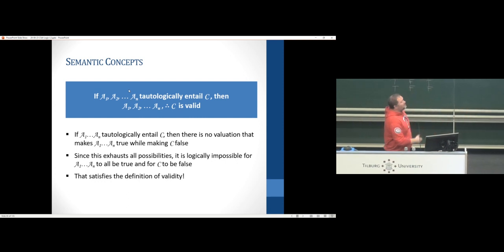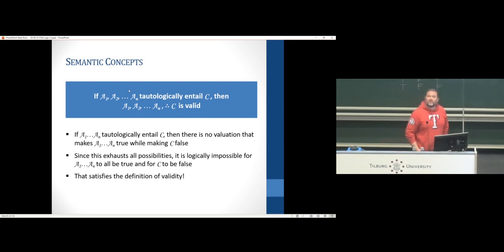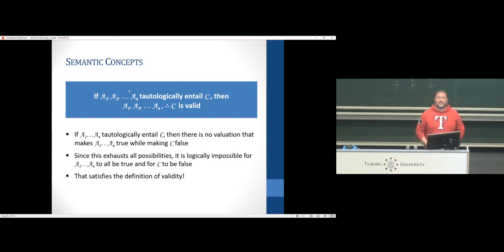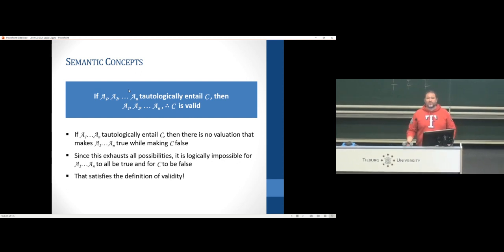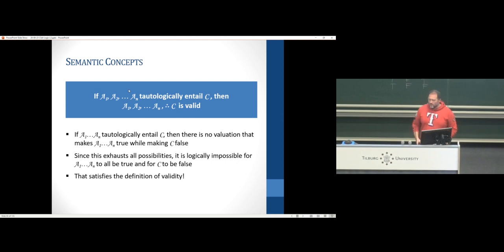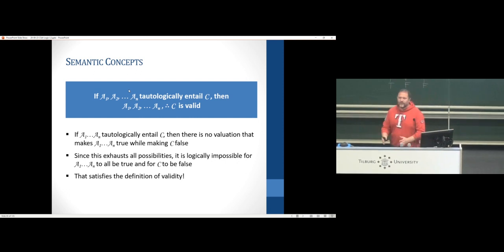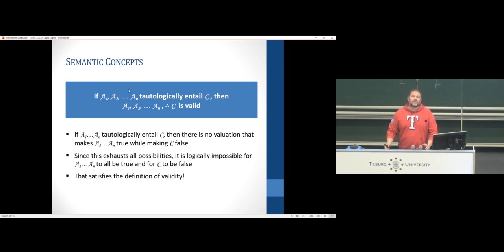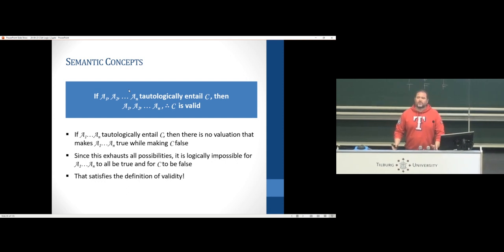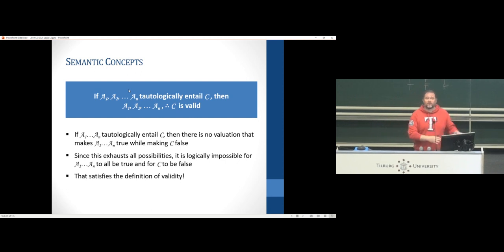So tautological entailment gives us a way to capture validity. This is the big payoff for our language and our system. We take English, we turn it into TFL, we feed it into our truth table machinery. And our truth table machinery tells us whether the premises tautologically entail the conclusion.